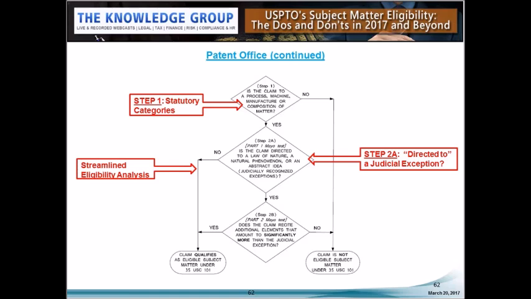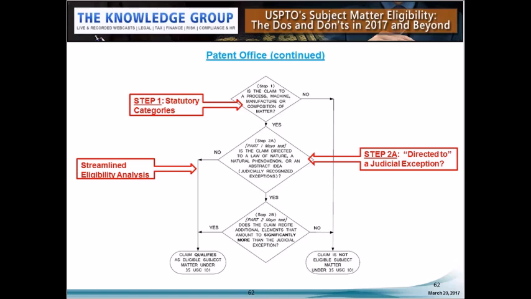Further, although it's not shown clearly on the flow chart, the July 2015 update retained the markedly different composition analysis for natural products at step 2A. So there's two pathways to eligibility for many claims directed to product of nature exceptions. If it is determined that the nature-based product has markedly different characteristics from what occurs in nature, the claim qualifies as eligible subject matter without any further analysis.